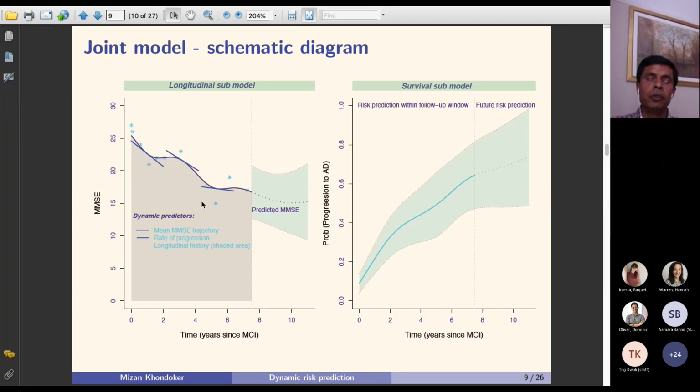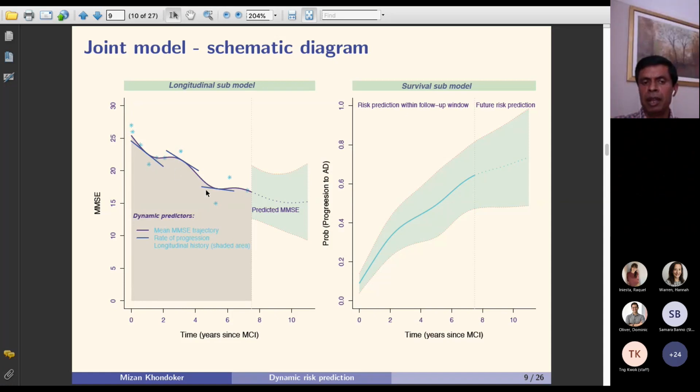Another advantage of joint model is that it is not only the longitudinal marker; one can use other functions of the trajectory as a predictor. For example, you can include the rate of decline. If you take the derivative of the longitudinal process, you can get the rate of decline, and that can be used as a predictor in the joint modeling.